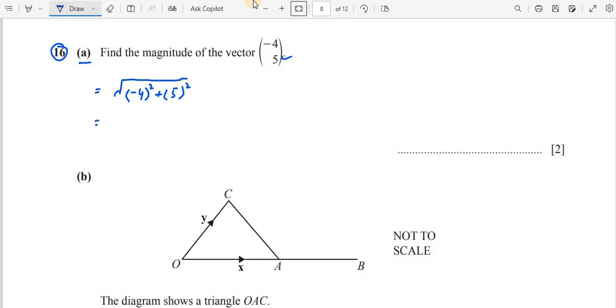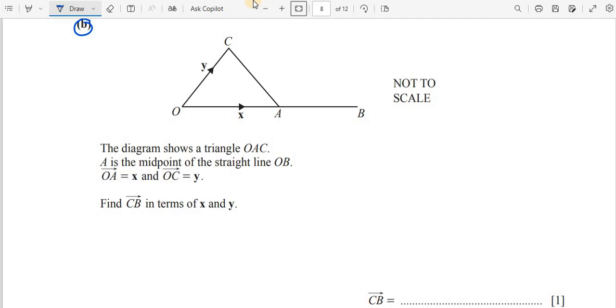So minus 4 square is 16, 5 square is 25. The sum of these numbers is 41. So square root of 41 is equal to 6.4. So the final answer is 6.4.